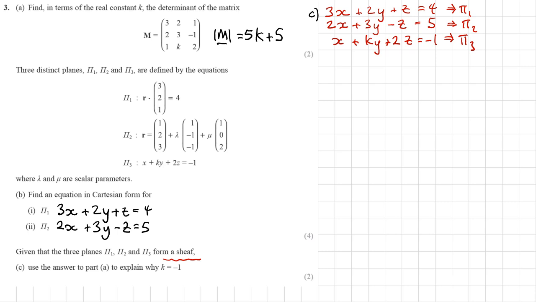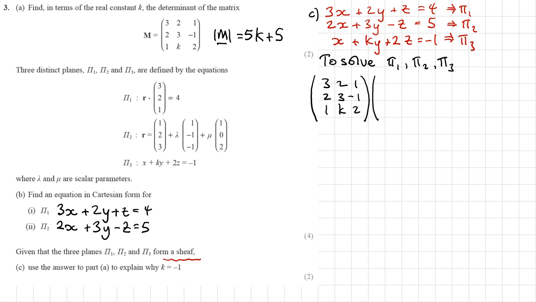So if I want to solve this system of equations, pi1, pi2 and pi3, I actually need to solve this matrix M, 3, 2, 1, 2, 3, -1, 1, k, 2, times x, y, z is equal to the numbers we have on the other side, 4, 5, -1.